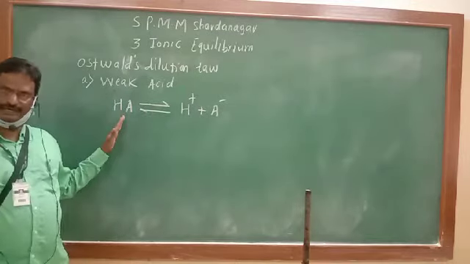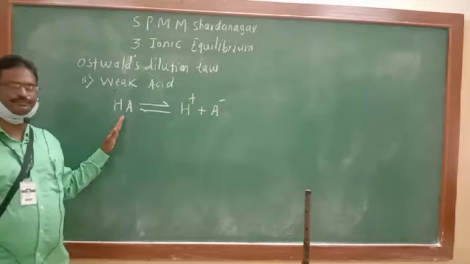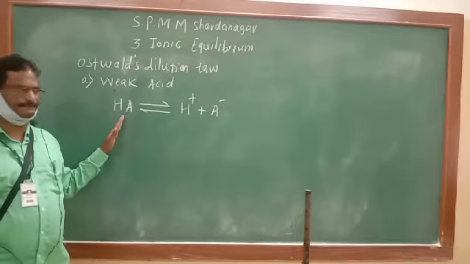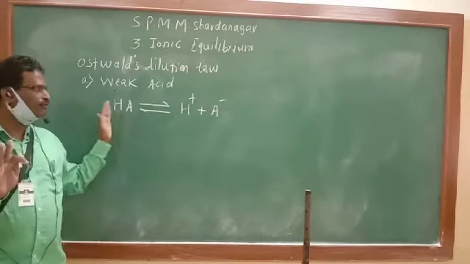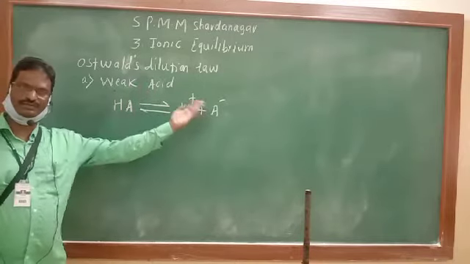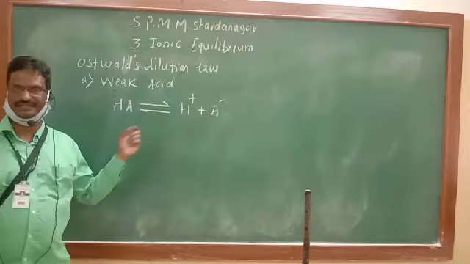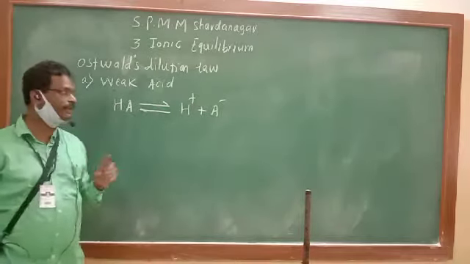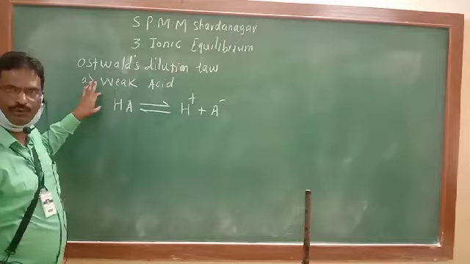Since it is weak acid, this will undergo partial dissociation. Further, forward reaction as well as backward reaction is possible. Dissociation as well as association is possible at equilibrium. Therefore, it is known as weak acid.